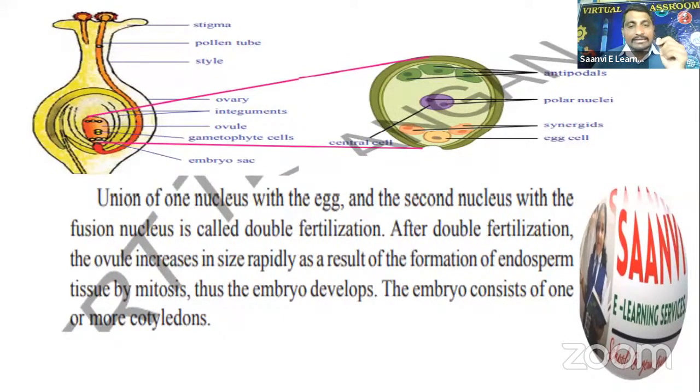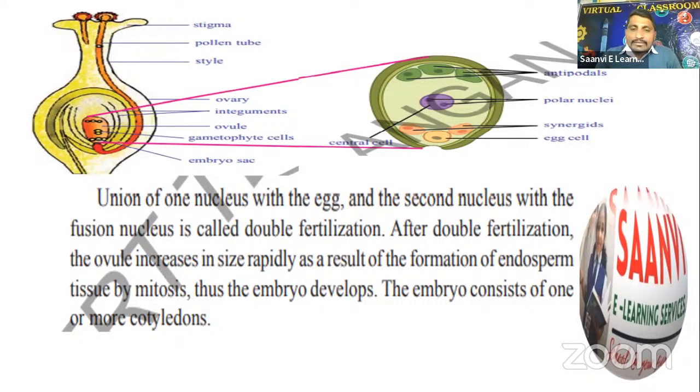After double fertilization, two nuclei are there. So how many cells are there? 7 cells are there, 8 nuclei are there. The ovule increases in size rapidly as a result of the formation of endosperm.